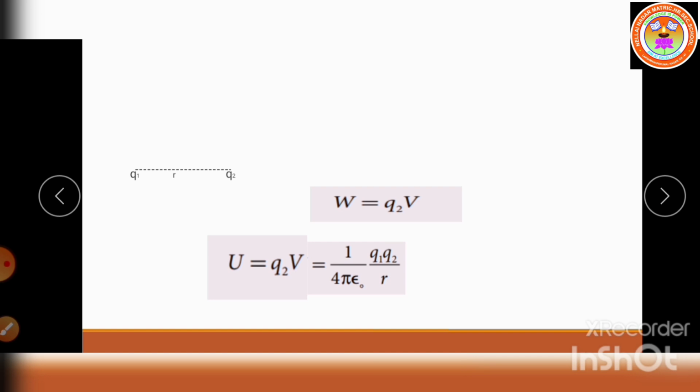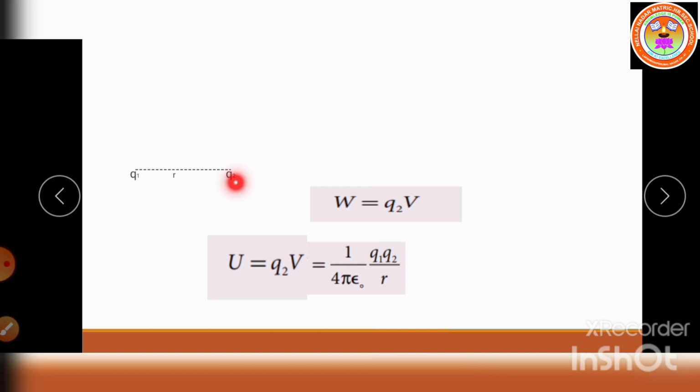Listen children, here the electrostatic potential energy depends only on the distance R between the 2 point charges. First we assumed that Q1 is fixed and we bring Q2 from infinity.